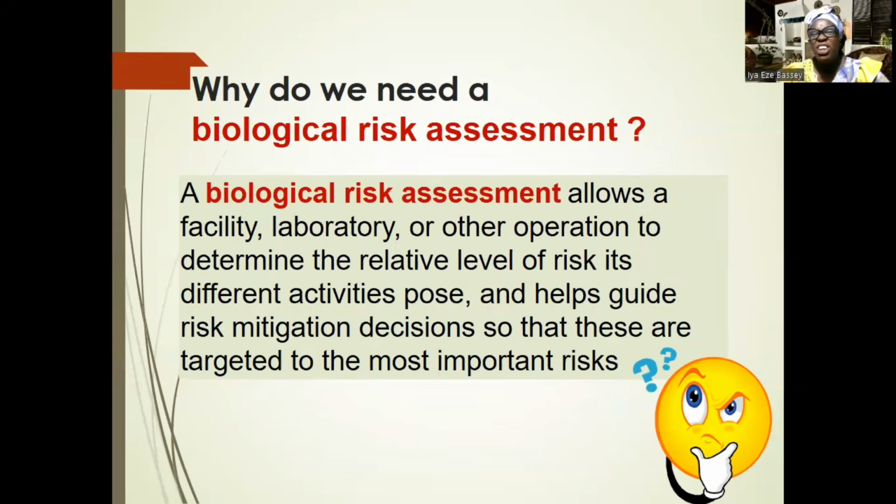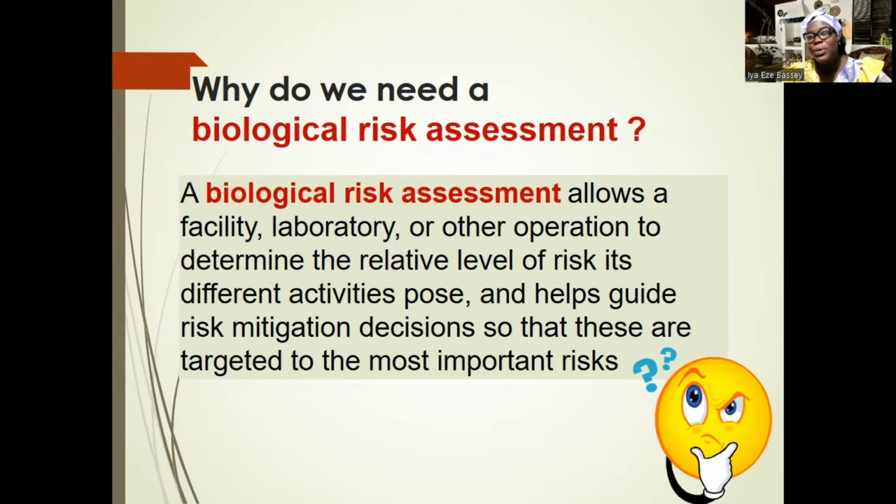Why are we so concerned about biological risk assessment? Why do we need it? We need a biological risk assessment because it allows a facility, a laboratory, a unit, whatever, to determine the relative level of risk its different activities pose and helps to guide your risk mitigation decisions so that they are targeted to the most important risk.